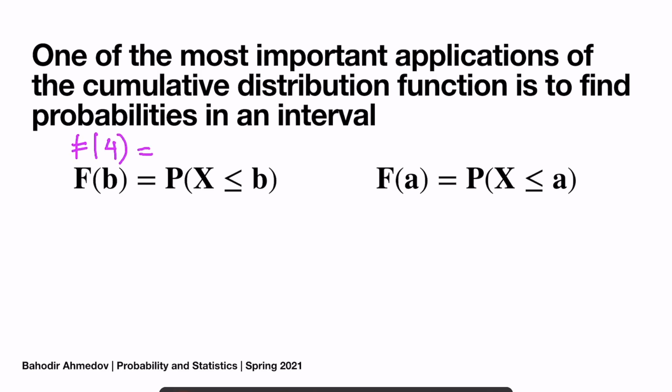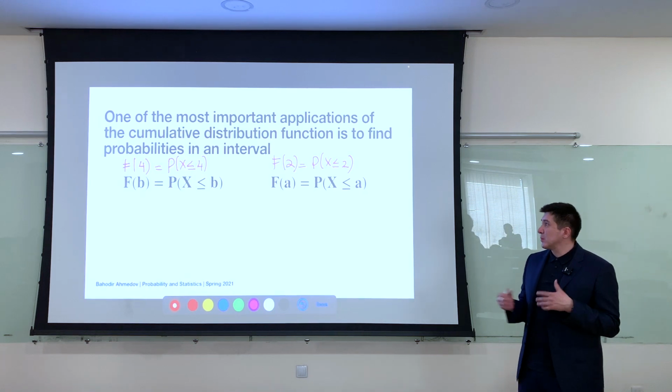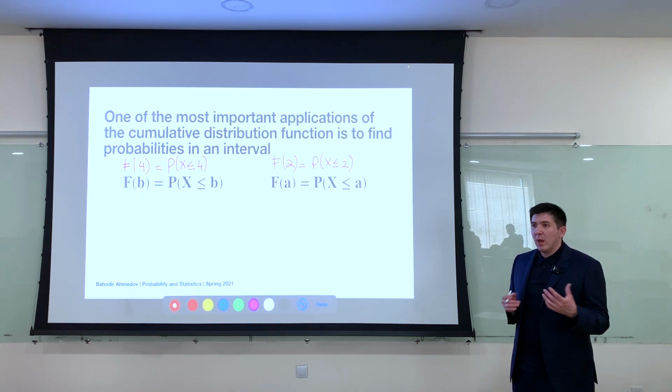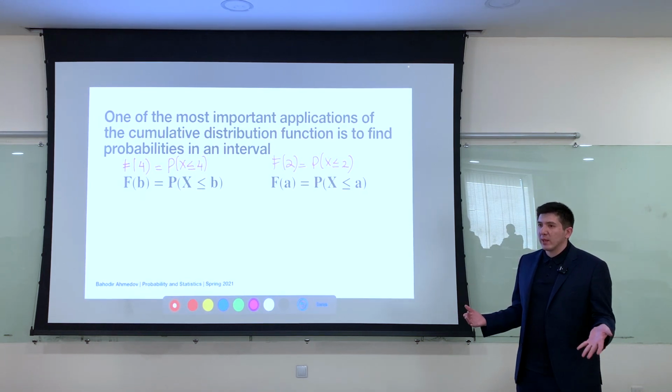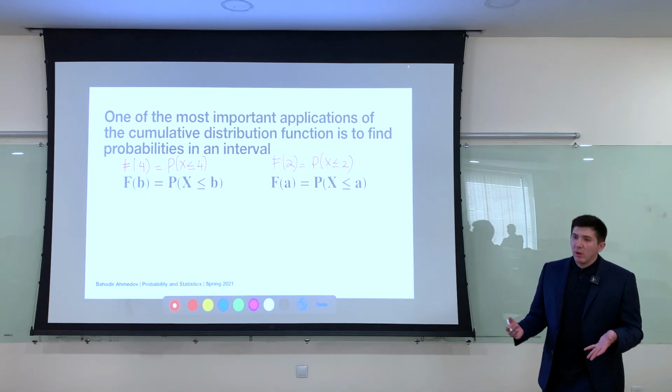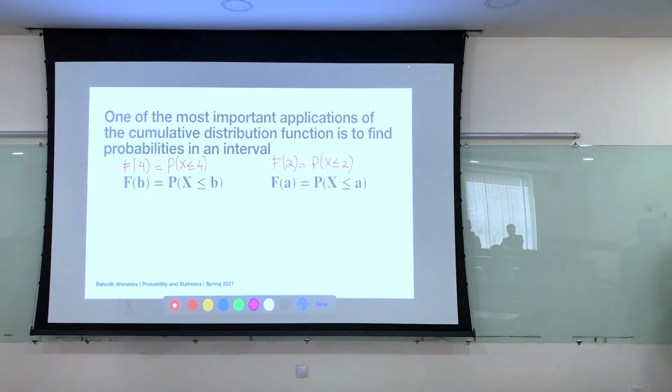It is going to be the probability that X is less or equal to 4, right? And at the same time, I can know what is F of 2. It is going to be the probability that your random variable is smaller than or equal to 2. Well, if I would like to know what is the probability that your random variable X is between 2 and 4, I can simply subtract these two cumulative values in order to find this probability.